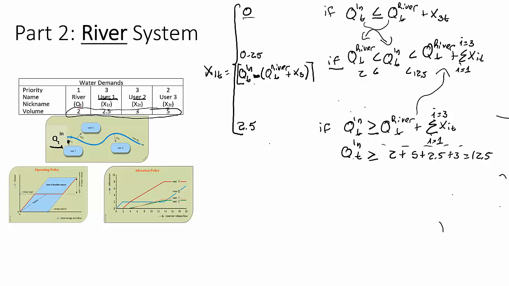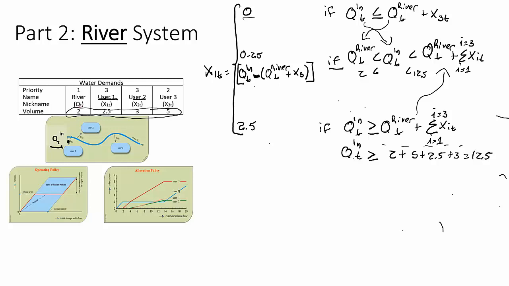So any water in excess of 7, which is 2 for the river and 5 for the user. So when you have this water in excess, if you have 8 units, you have to subtract 7 because you need 2 for the river and 3 for user number 3.